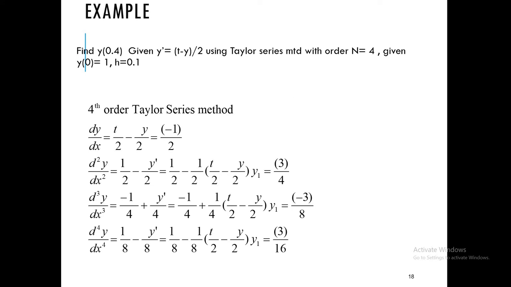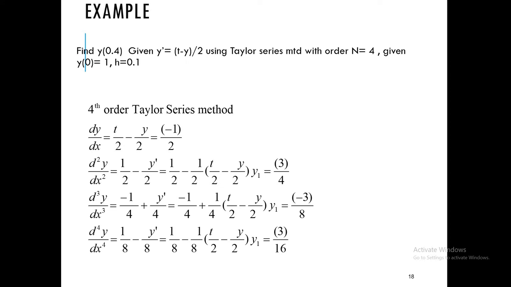Then we find the fourth derivative. The fourth derivative gives us 1 over 8 minus y prime over 8.